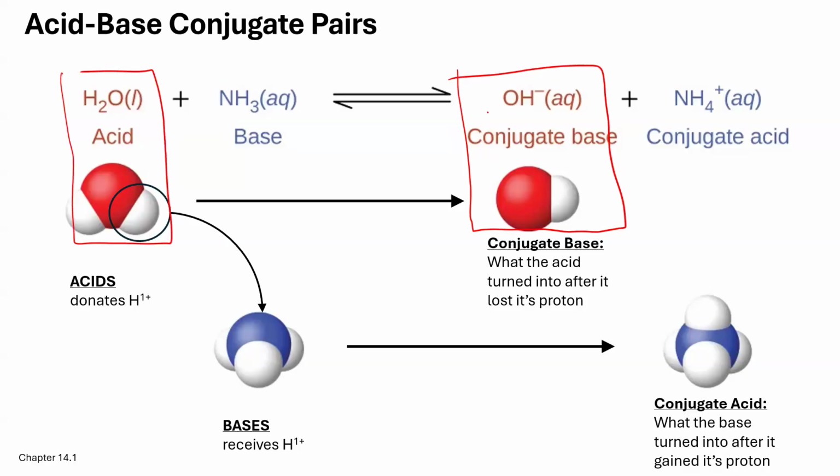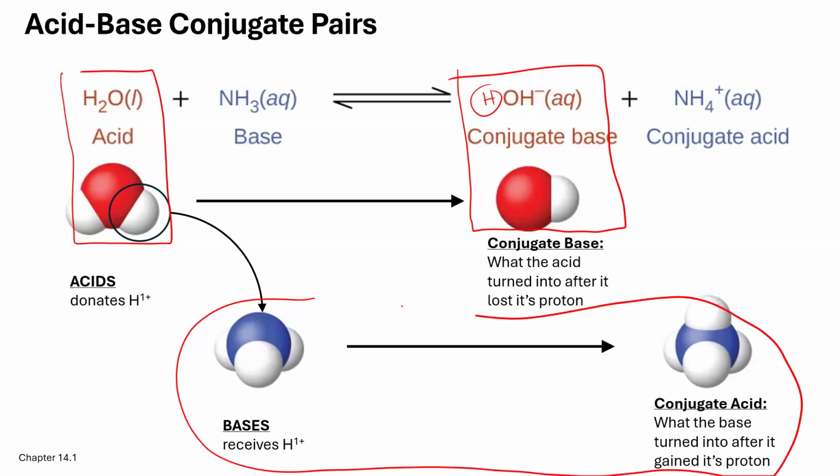The only thing missing is the hydrogen. The conjugate base is what the acid turned into after it lost its proton. Water donated that proton to the NH3, the base, but after it picks up that proton, it is now the conjugate acid. So these are paired up.